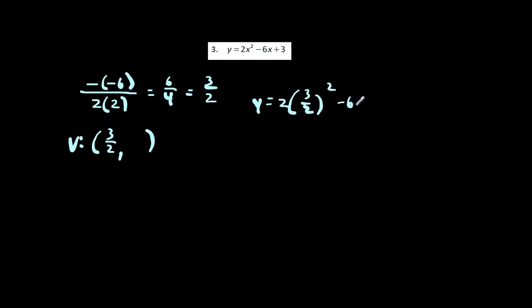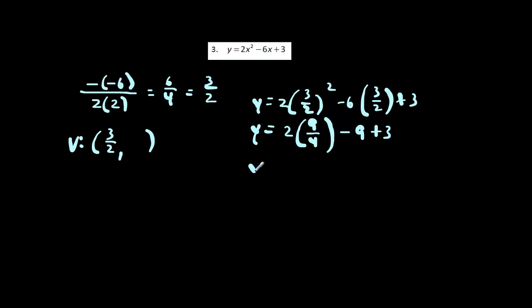Here and here. Three halves squared is 9/4. Minus 6 times 3 halves is 18 halves, which is 9. 2 times 9 halves is 9 halves. Sorry, 2 times 9/4 is 9 halves.